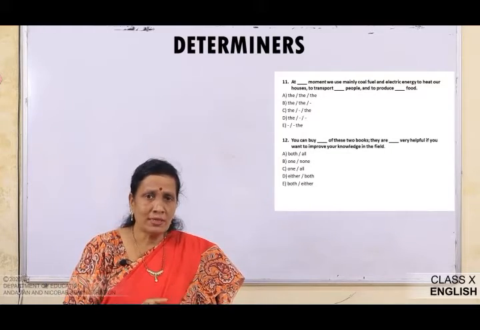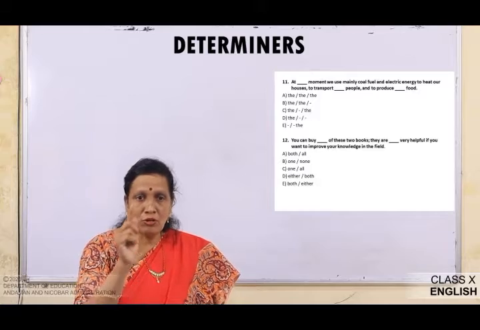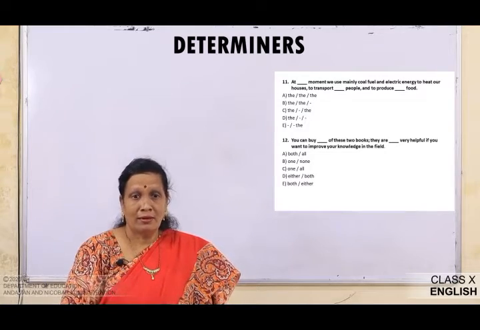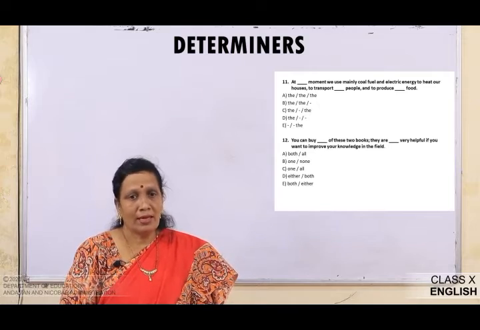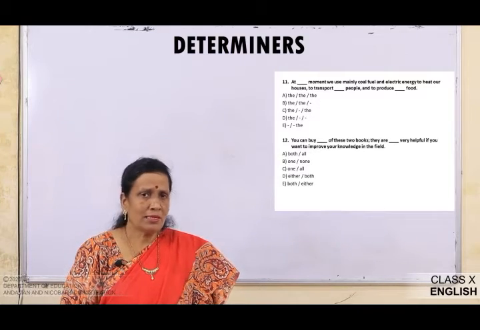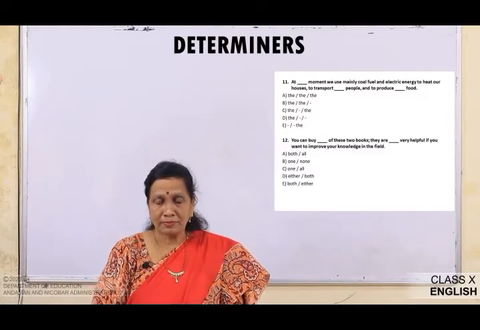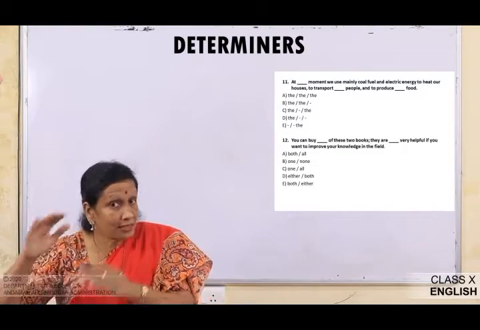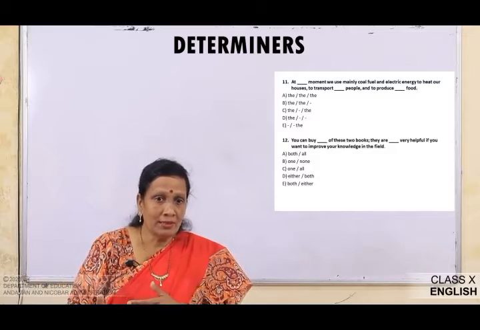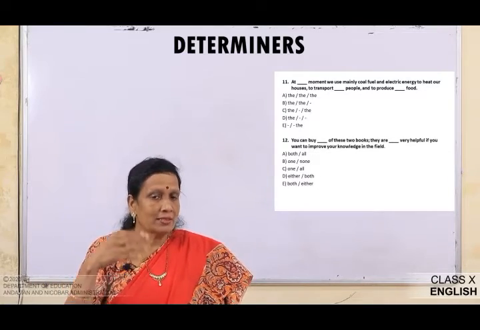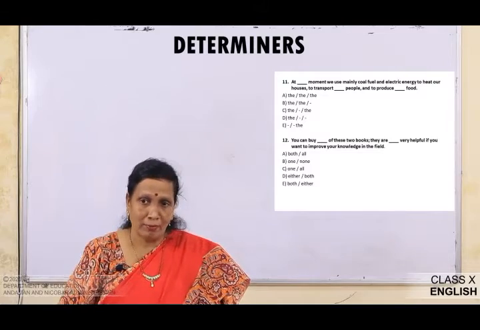So, what would you say? You can buy either of these two books. They are both very helpful. You say both of them are helpful, so you can buy any one of them, either of them. Okay, we use either. Neither means none of them. Either you can use any, buy any one of these books, and they are both very helpful.